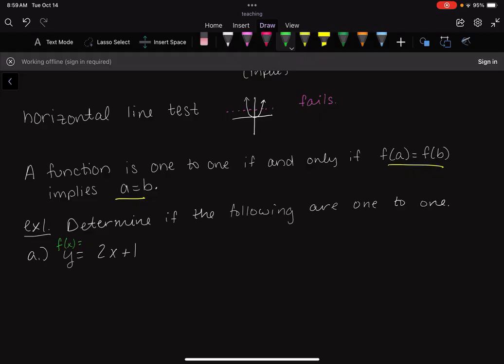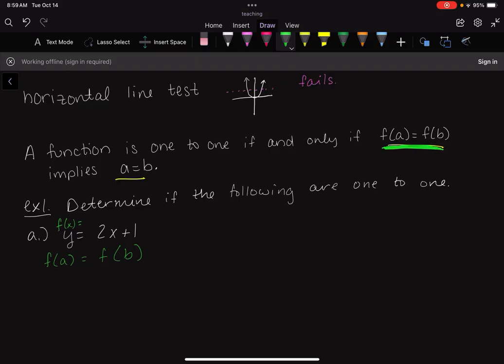So what I'm saying here is I'm going to start off with f of a equals f of b. Then we're going to plug a and b into the function. So I get 2a plus 1 equals 2b plus 1. Then I simplify. So if I subtract 1 from both sides, I get 2a equals 2b.